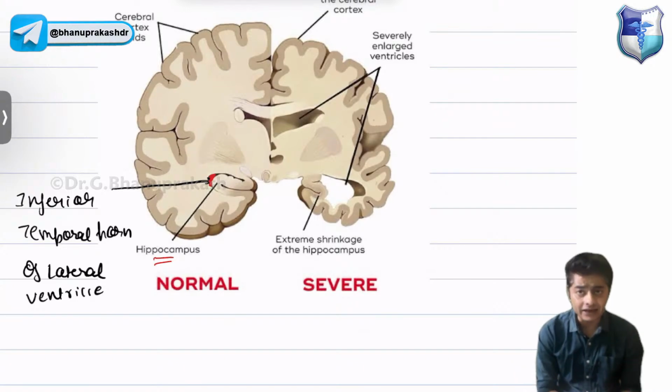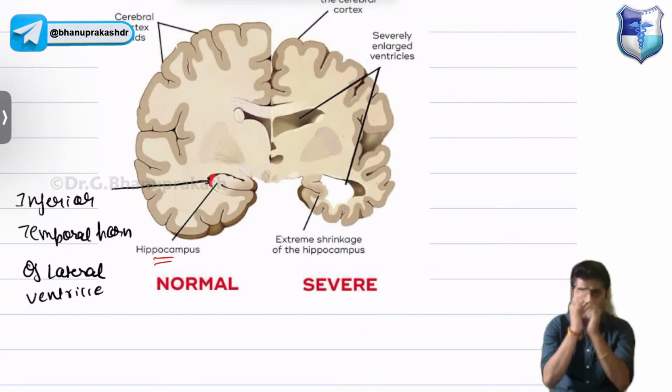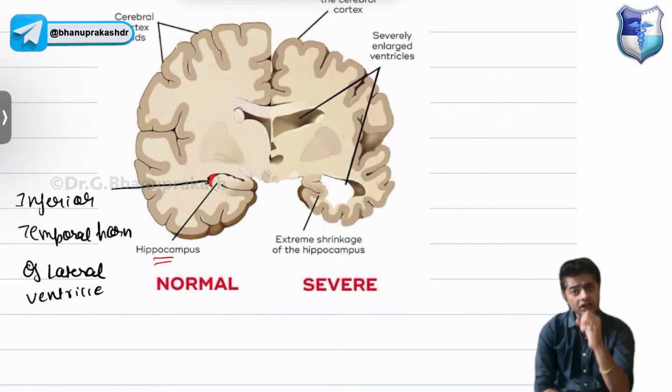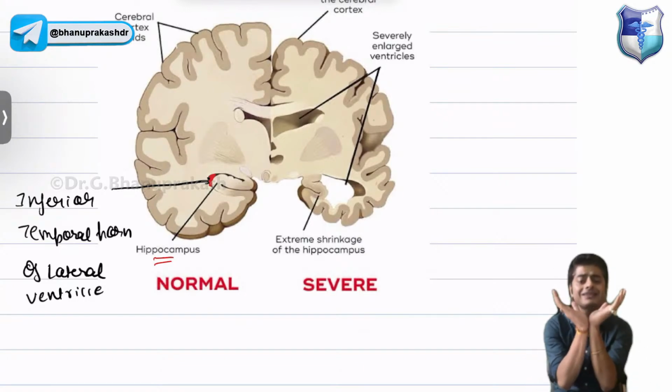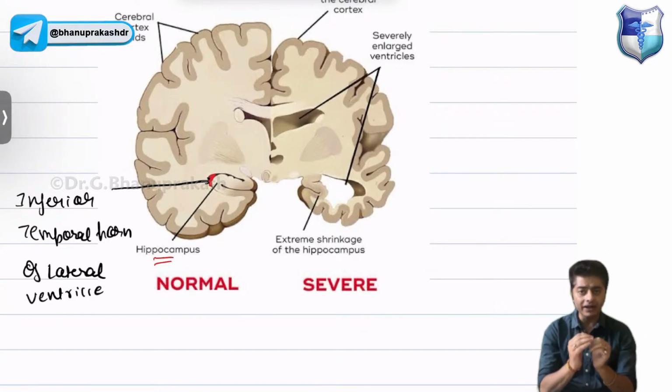There is a concept in brain that when your brain gets shrunk, when there is cerebral atrophy, in compensation of this, the ventricle size gets increased.